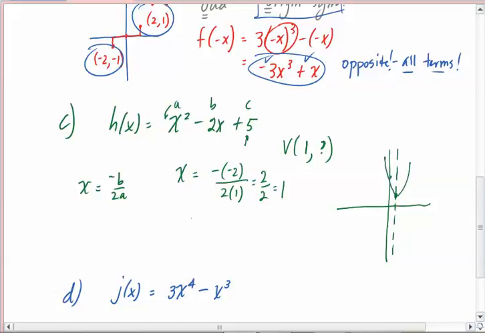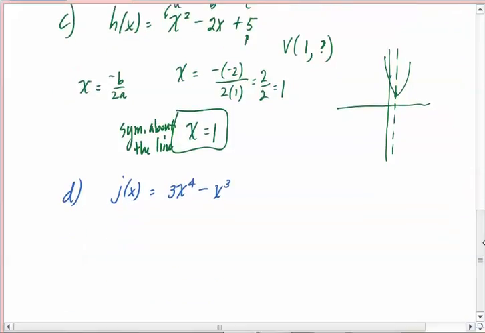So my axis of symmetry is x equals 1. It's symmetric about the line x equals 1.